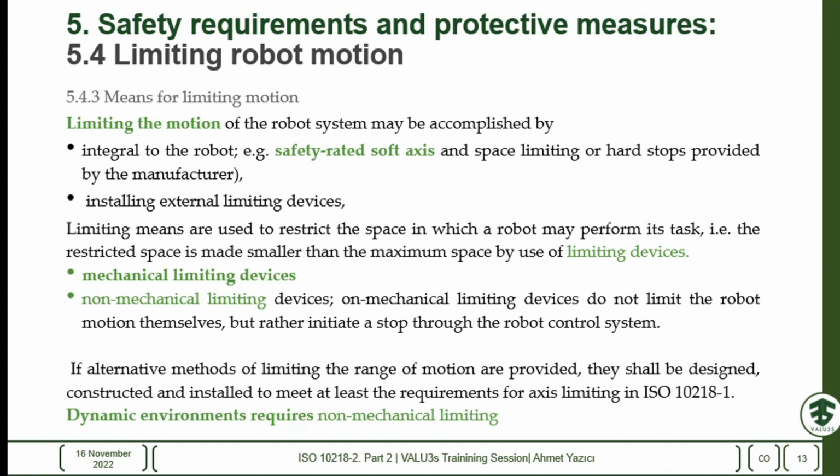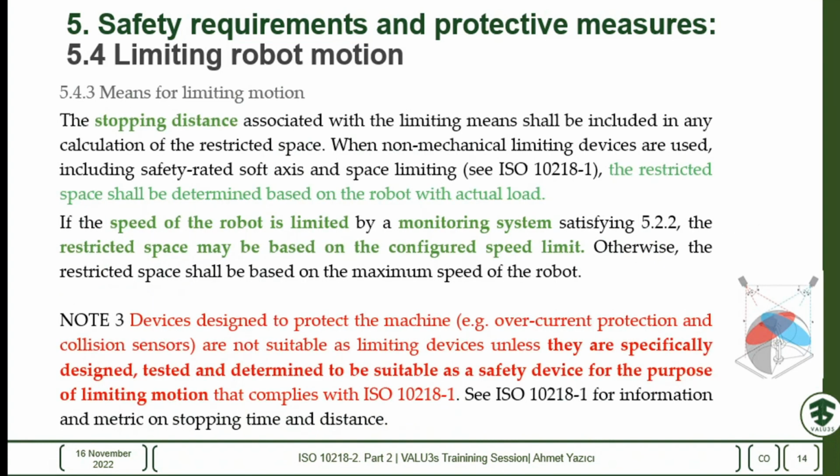There is also the possibility of applying some alternative methods. So all of this should meet the requirements of this standard part 1, for the robot. So when you consider dynamic environments, autonomous behaviors, and interaction with humans, non-mechanical limiting is more important for us.